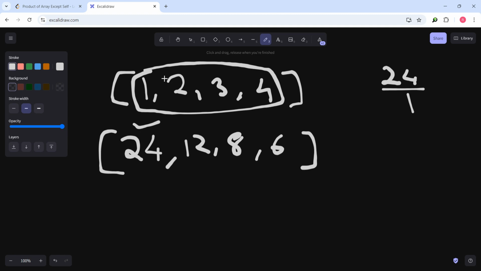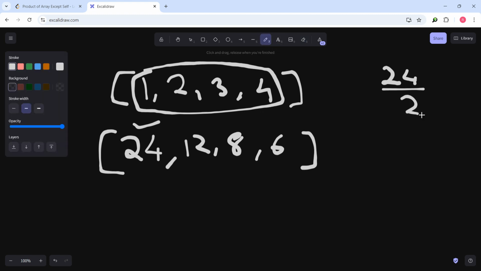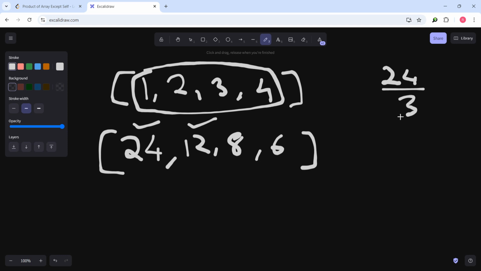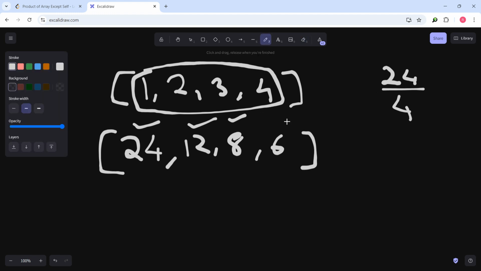For the second one, I can divide 24 by 2. For the third one, I can divide 24 by 3. And for the last one, I can divide 24 by 4. So this would be an easy problem if you could do that. But the question suggests that we should not use the division operator.